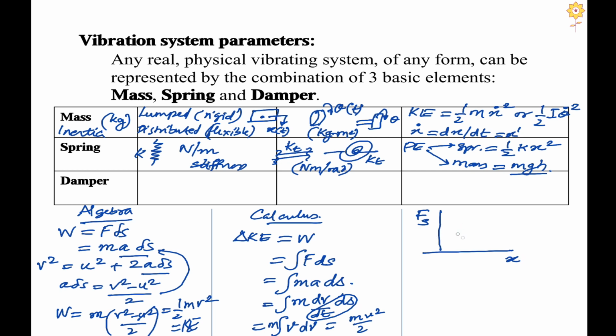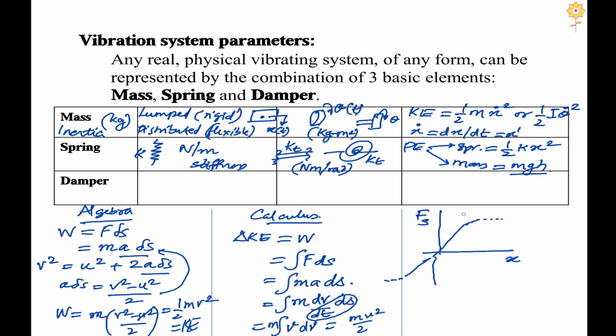Now the plot is something like this. For a range of x, I have the force linearly proportional to the displacement or the deformation, and if the deformation is very large, then it becomes somewhat non-linear. The same is the case when we are applying a compressive force. So it is something like an S-curve.